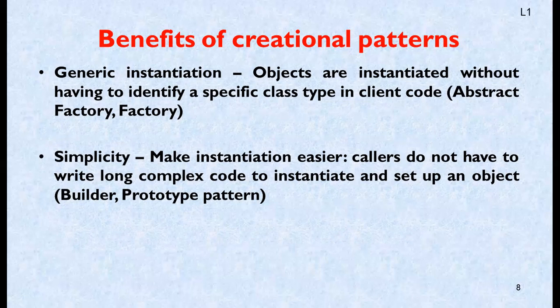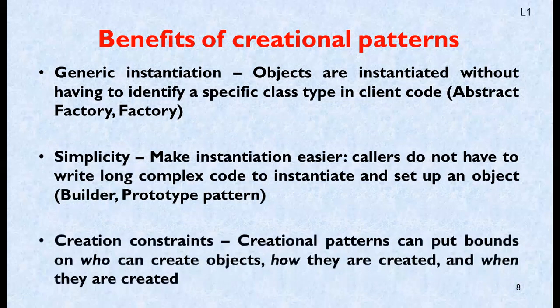The callers do not have to write long, complex code to instantiate and set up the object. Here we use builders, prototype patterns, and so on. The third benefit is creation constraints. Creational patterns can put bounds on who can create objects, and how and when they are created.